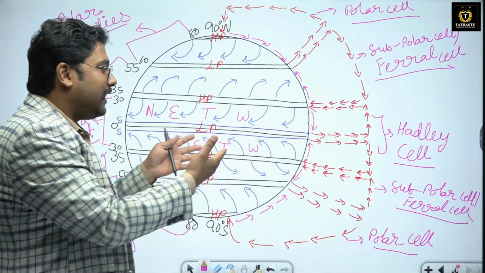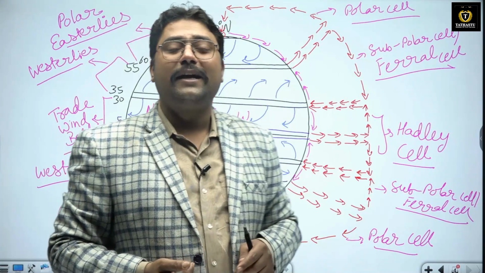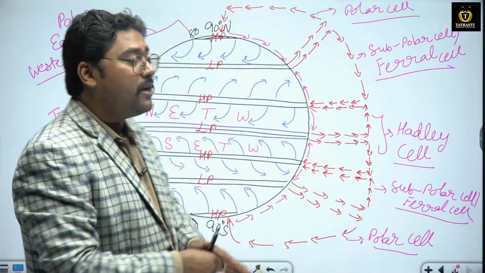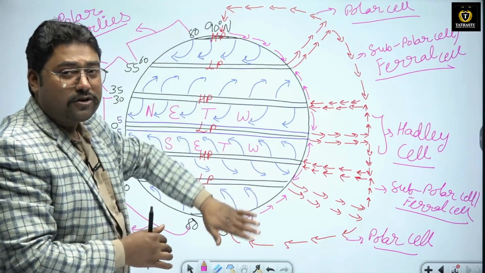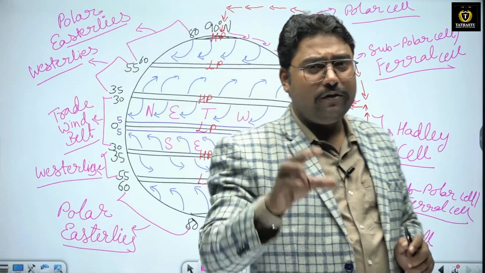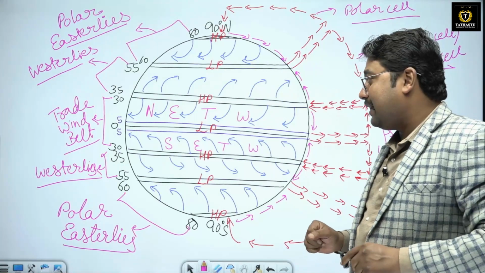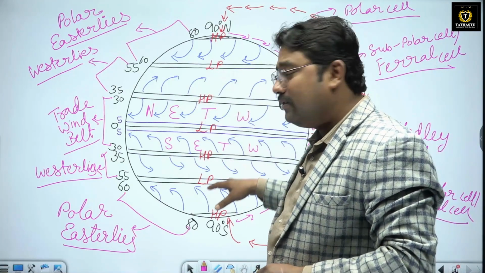Today we are getting it like this, the tricellular model or meridional circulation, means just copy which is in north, just copy in south. Now let me give you some more terms, like the westerlies which you are seeing.